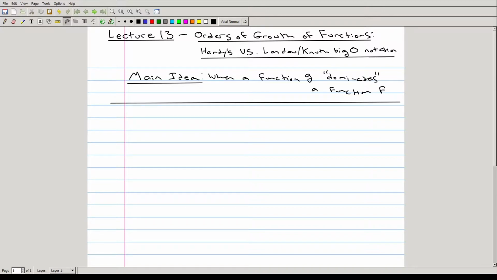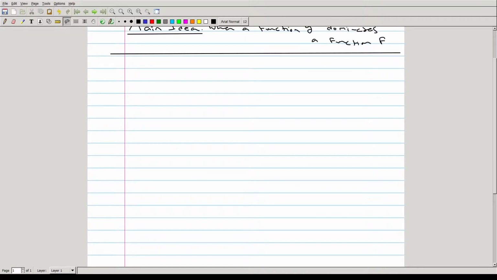But we'll see that the propositions that we need to define these concepts are really the same propositions. So I'm going to start by defining the notation, and then we'll move into defining exactly what mathematically the notation means.